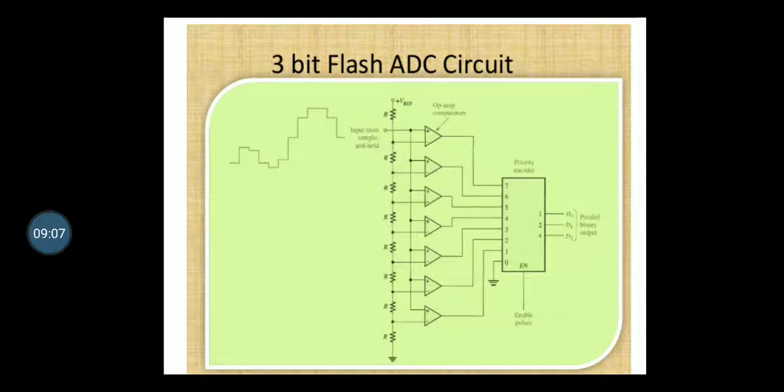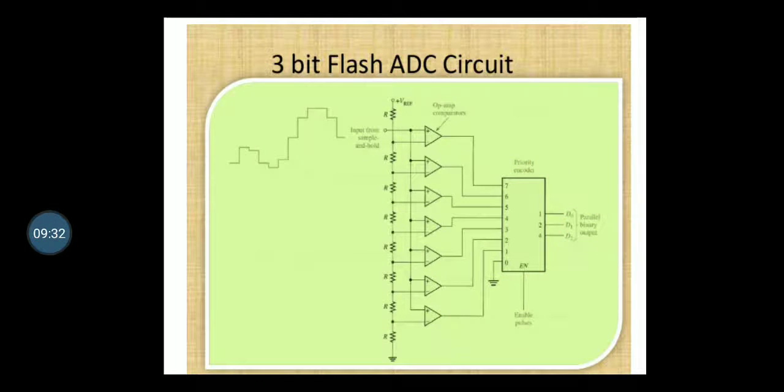So this is the ADC converter. This circuit consists of a resistor divider network, 8 op-amp comparators, and an 8 line to 3 line encoder.